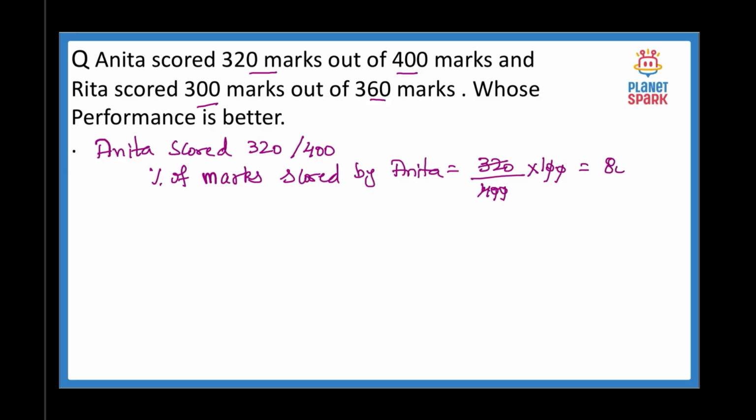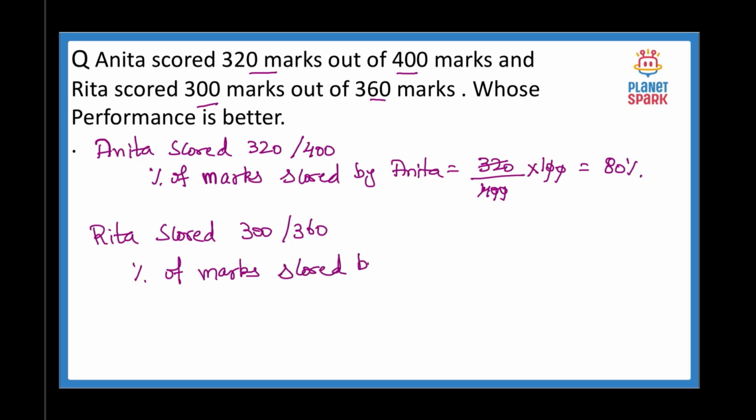Again, now Rita has scored 300 marks out of 360. Now 300 marks out of 360 means the fraction of marks scored by Rita is 300 upon 360. To convert it into percentage, I'll multiply by 100. So 300 upon 360 into 100.